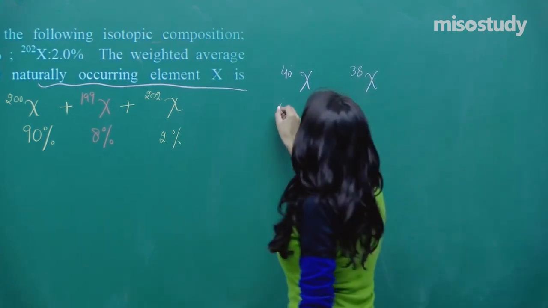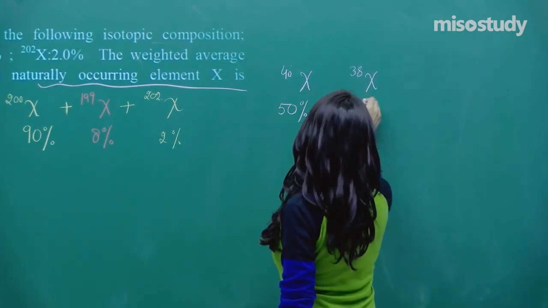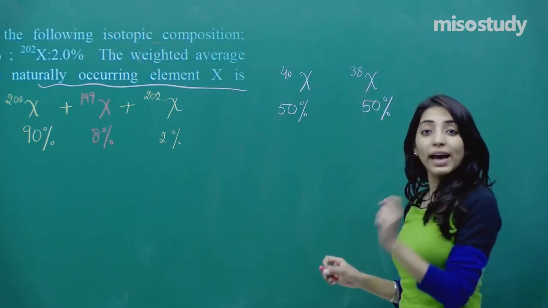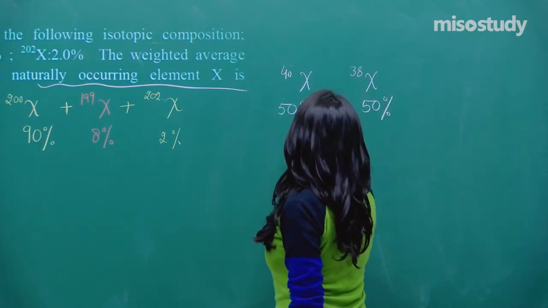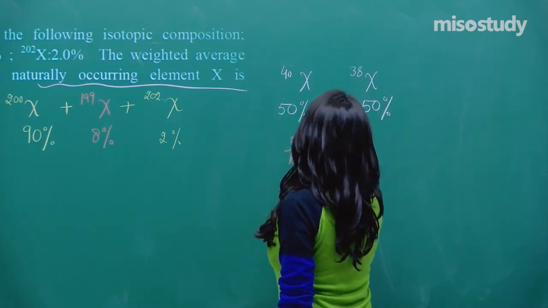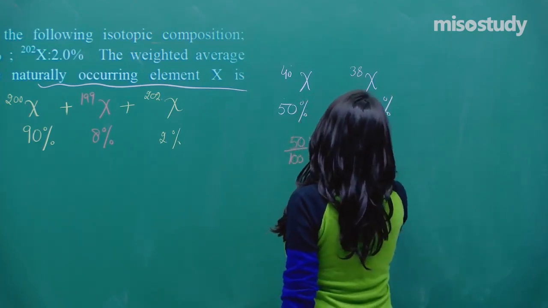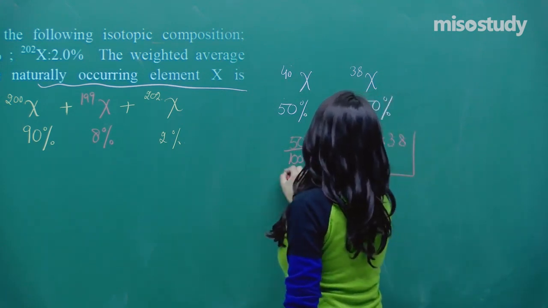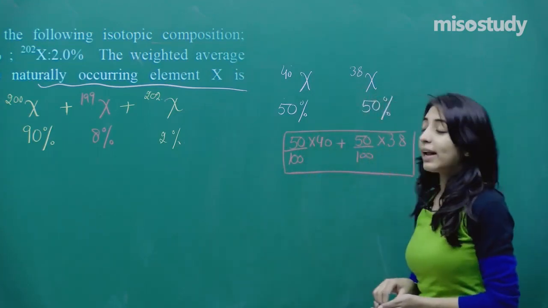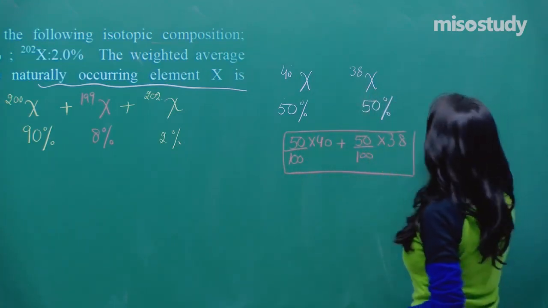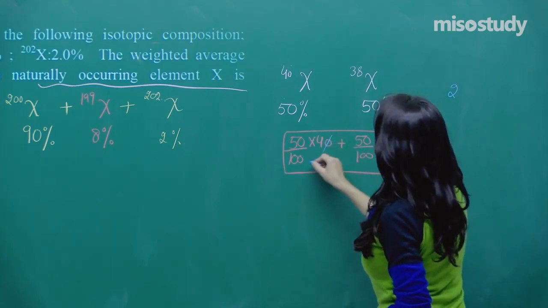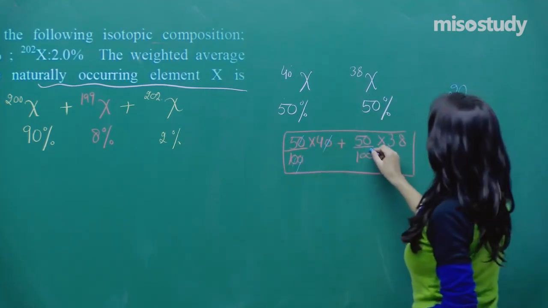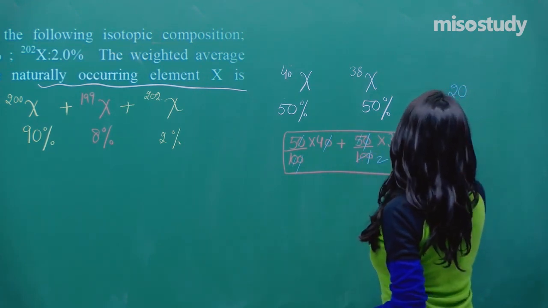Now if I say that this is present in 50% ratio, this is present in 50% ratio, what will be the average mass? So you will simply say, ma'am, 50 by 100 into 40 plus 50 by 100 into 38. Am I right? And if you calculate, you will get the answer. We'll get 20 plus 19.